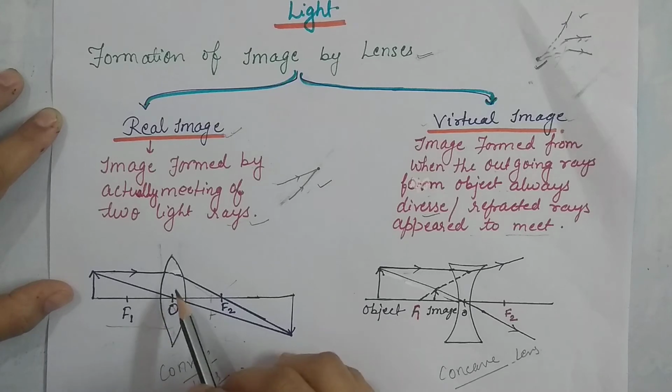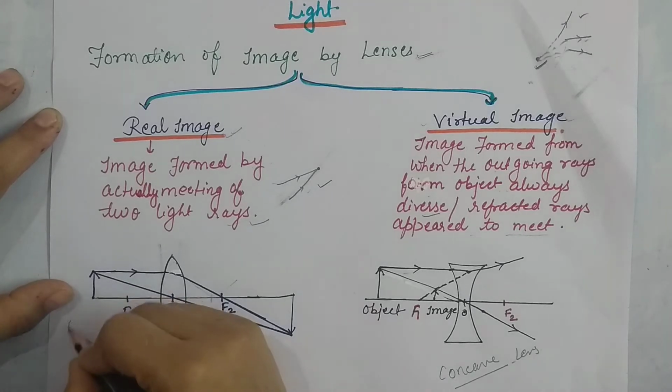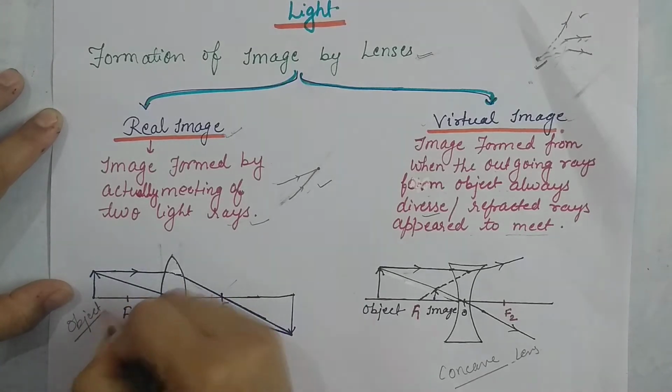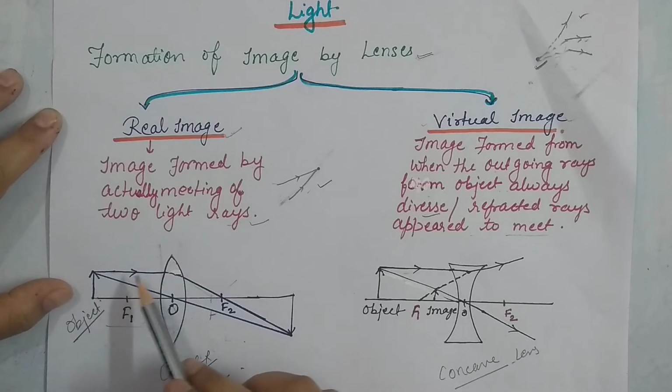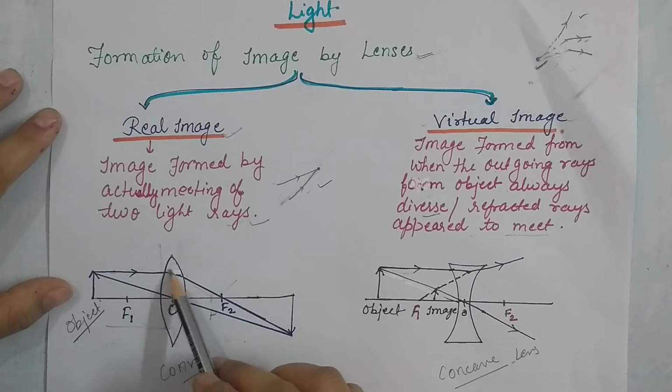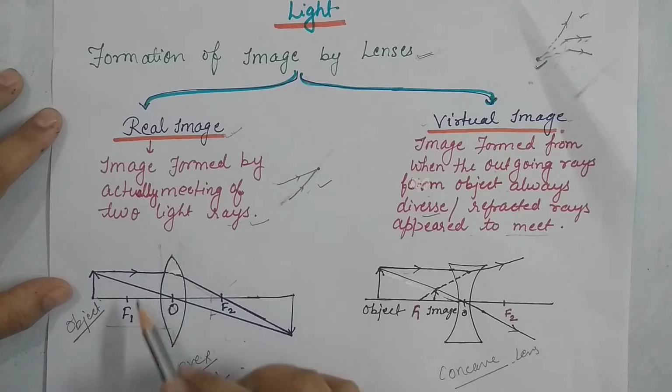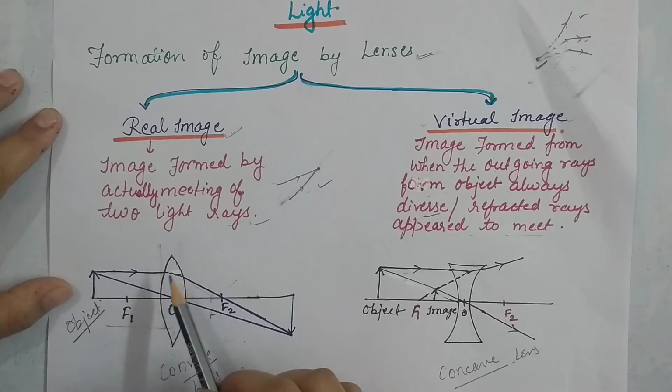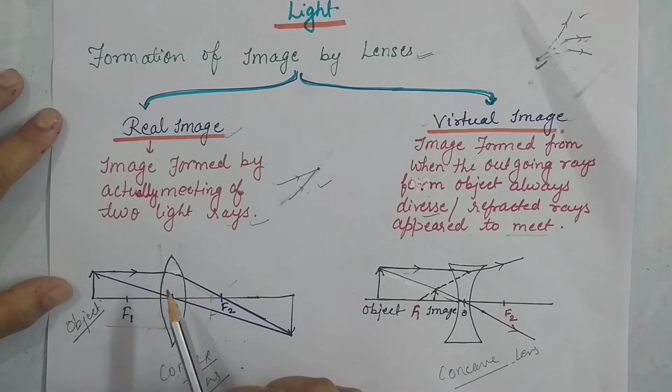Here, this is your object. When the light is incident and refracted, we know that for image formation we always take at least two light rays.